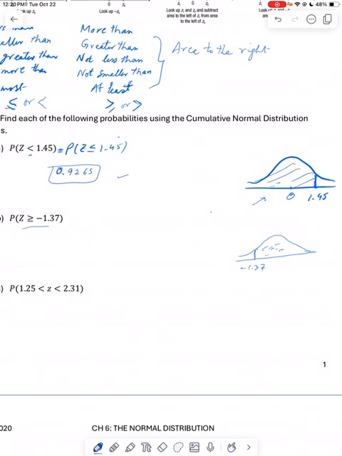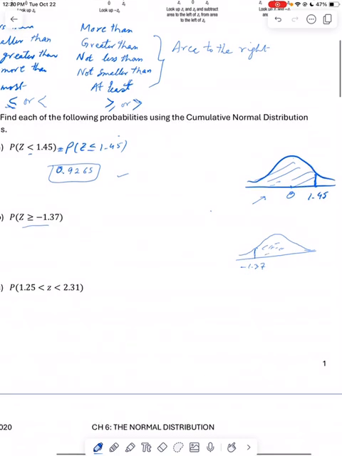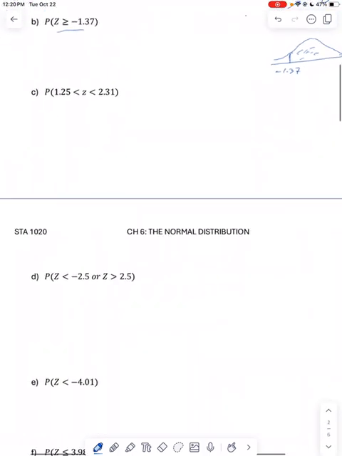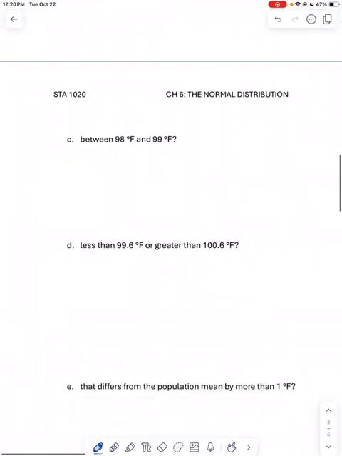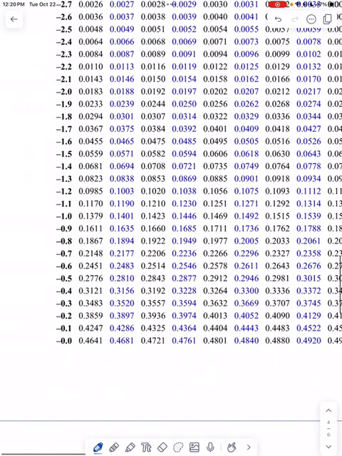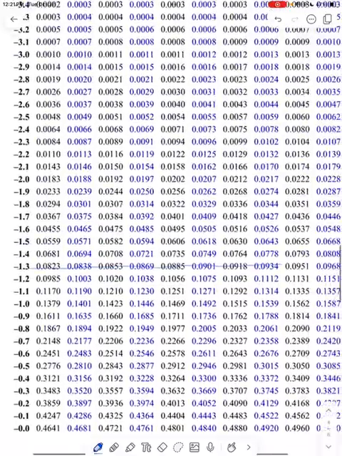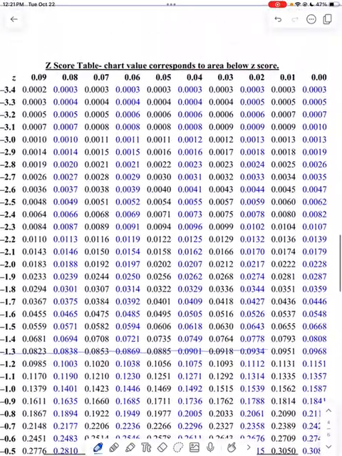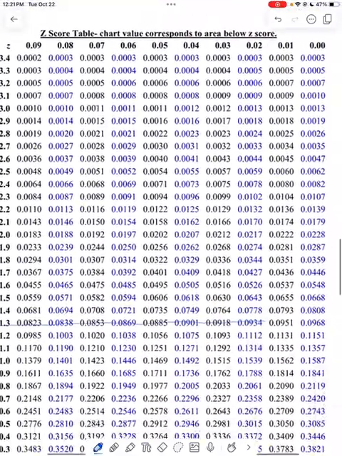Now if you look up negative 1.37, you will see that you get negative 1.3 by row. If you use a ruler, it's a good idea. And 7, the 7th column, is right here.